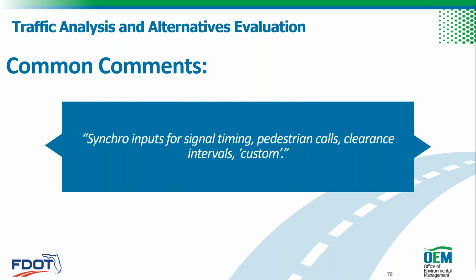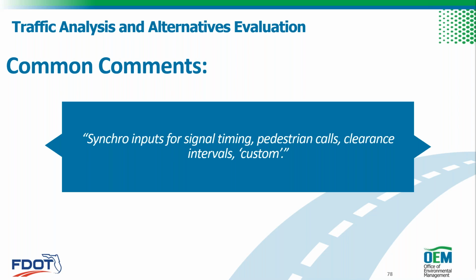Synchro inputs for signal timing, pedestrian calls, clearance intervals, custom. So this is a bunch of comments squished into one little box. But particularly in Synchro and other software, it's good to have somebody with signal timing experience review the signalization parameters to make sure that they are consistent with safe operations and make sense for that particular intersection.